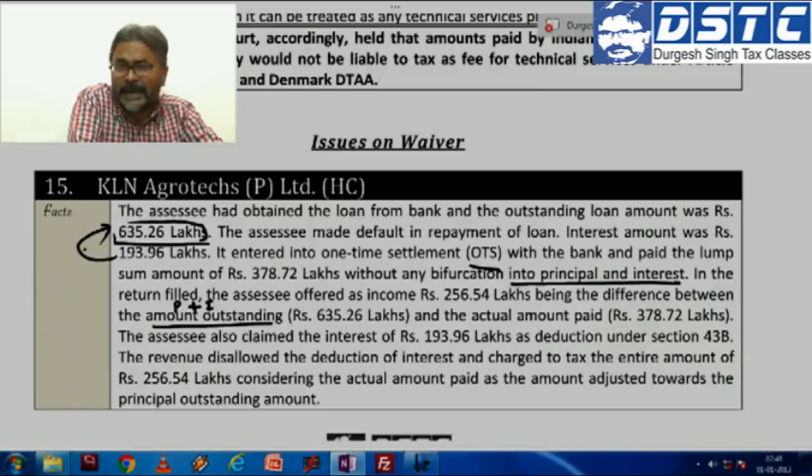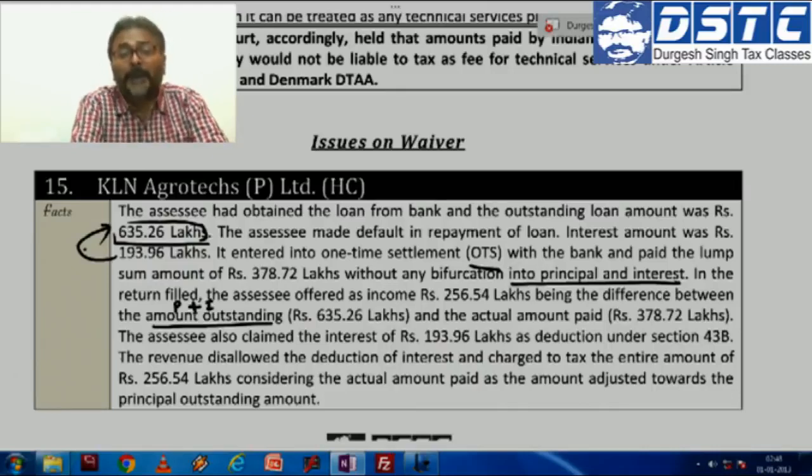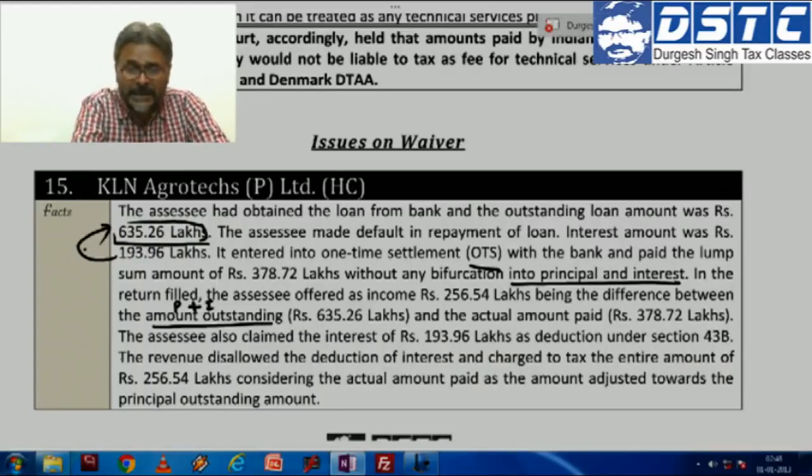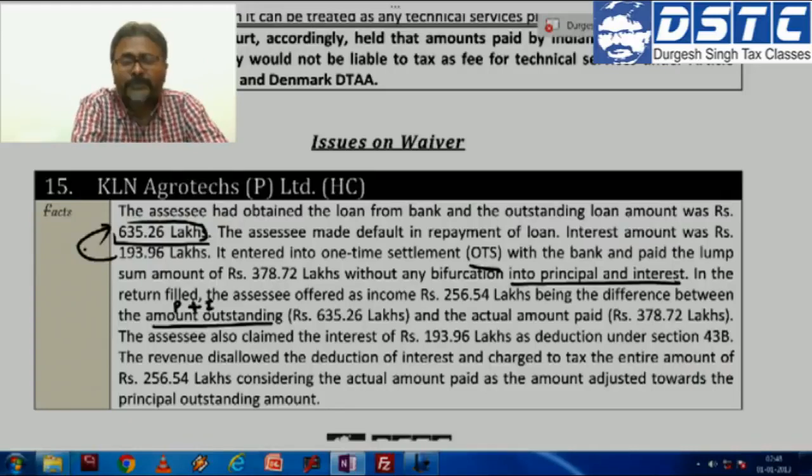They said that whatever income you have offered is perfectly fine, but how can you claim the deduction of 193.96? The fact that you have not yet paid that amount, how dare you claim a deduction of it? So that was the reason for not giving the deduction of this particular amount.